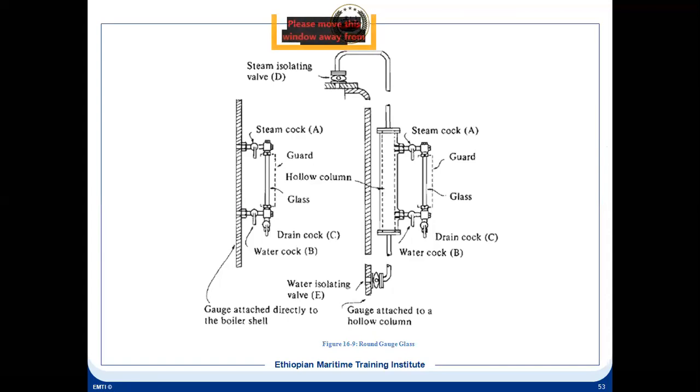In case you find that, say, cock A is leaking, you can carry out some maintenance on the cock. Whereas if cock A is leaking, let's say on the design given on the left hand side of your screen, there's no way you can carry out any maintenance.